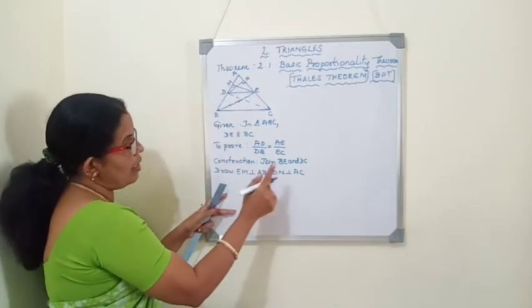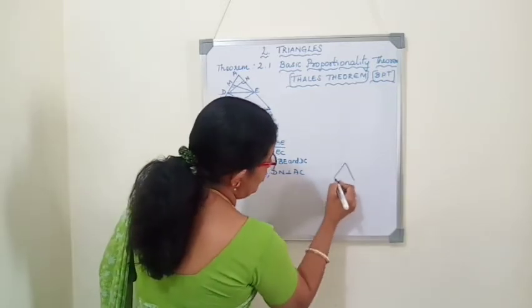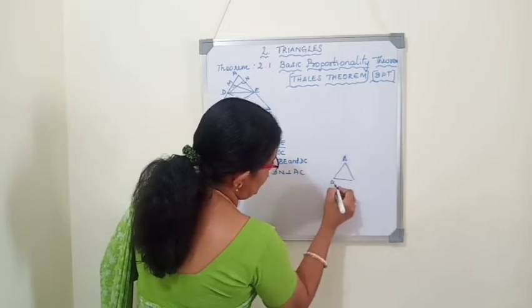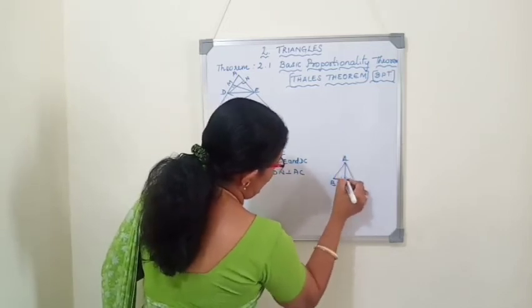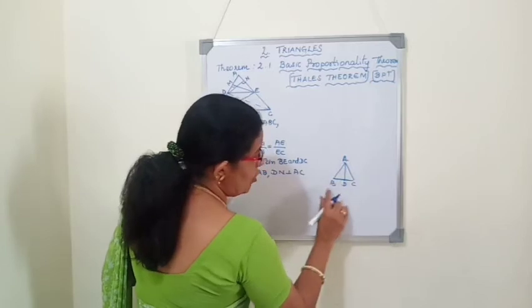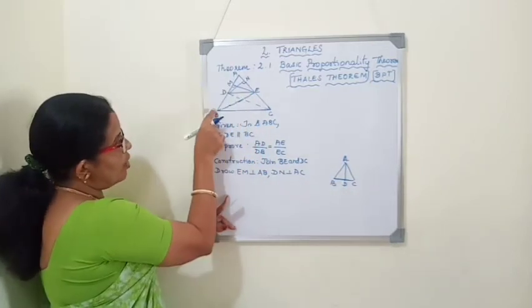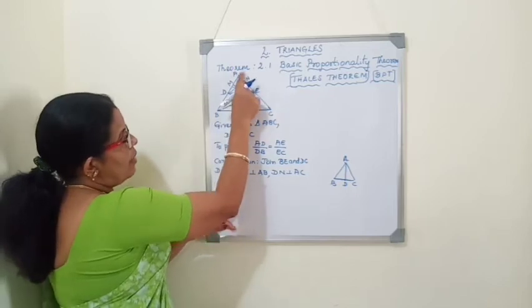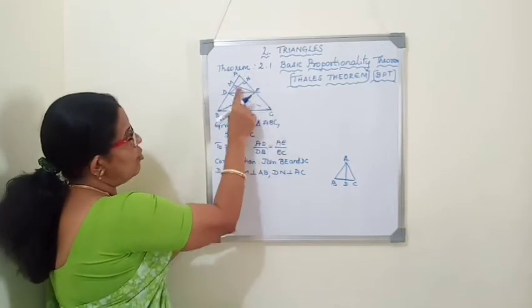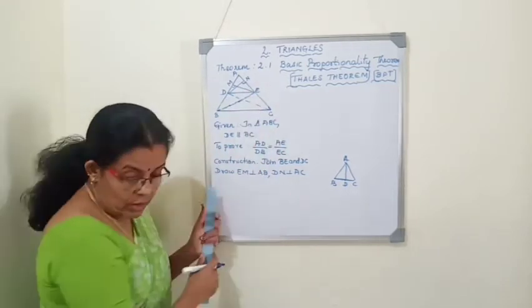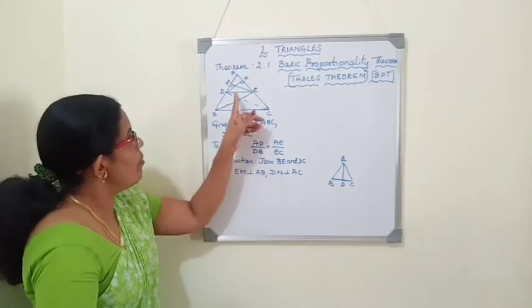It is very important. In any triangle, if we draw a perpendicular, for example, ABC is a triangle, if we draw the perpendicular, it means AD is perpendicular to the whole opposite side BC. Same way, EM is perpendicular to the whole side AB and DN perpendicular to the side AC. So this construction is very important.